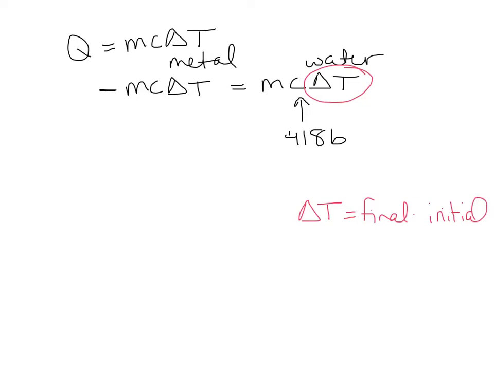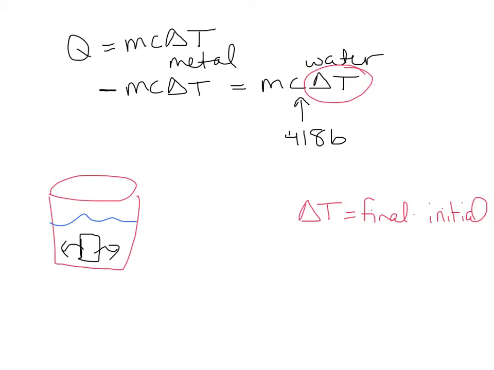We are going to know, at the end, in our calorimeter we have our water and we have our chunk of metal. That heat is going to flow until the piece of metal comes into thermal equilibrium with the water, and so the final temperature of the water and the metal is the same.